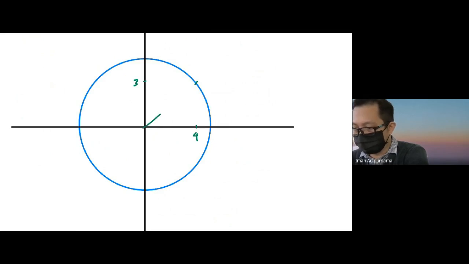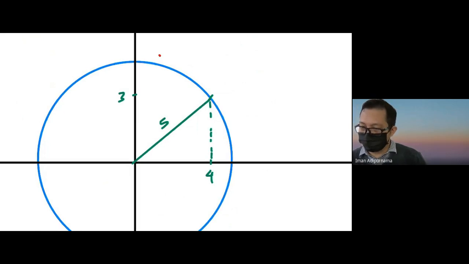Then this will be 5. Okay. Now this is the problem that we were dealing with in implicit differentiation at the beginning, right? And let's say we want to know this tangent line here.